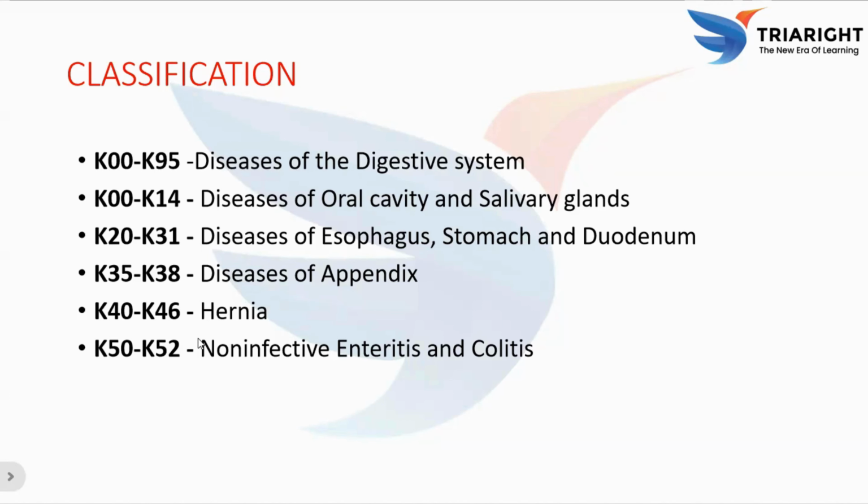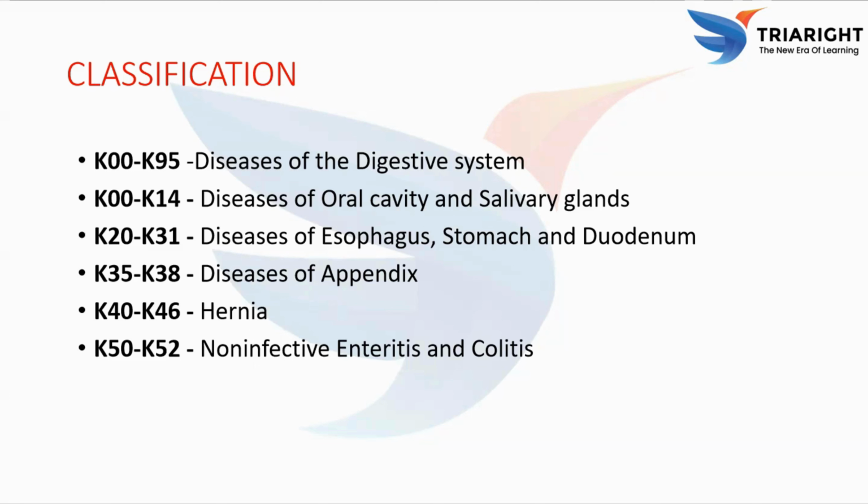And K40 to K46 range codes describe the diseases related to hernia. We have 4 different types of hernia. So all the problems and diseases related to hernia will be classified in the range of K40 to K46. And coming to K50 to K52, these are the non-infective enteritis and colitis.